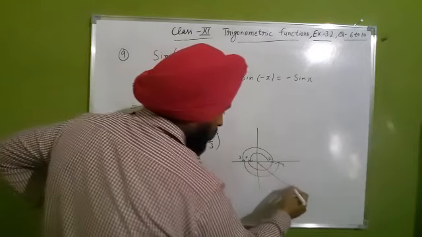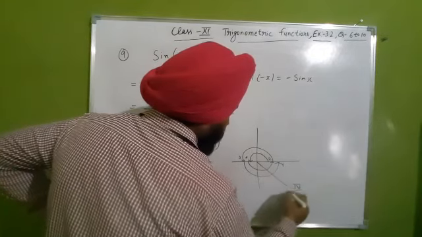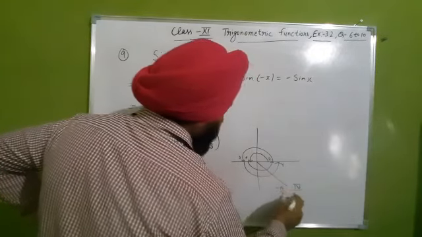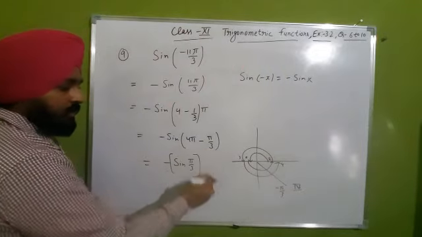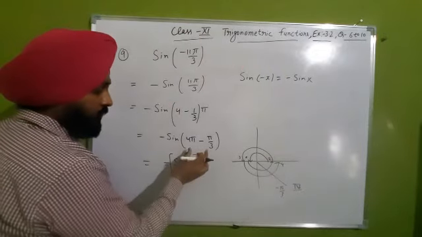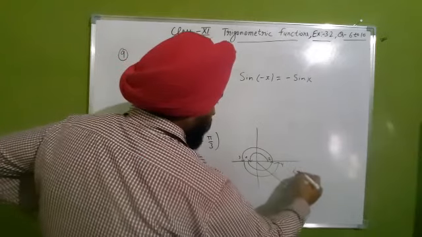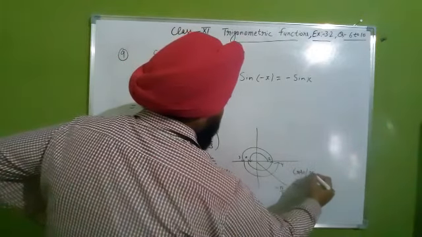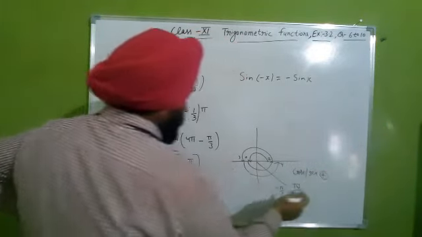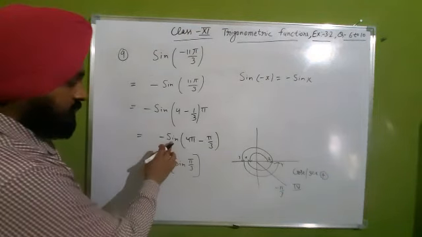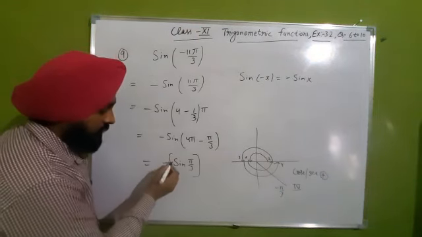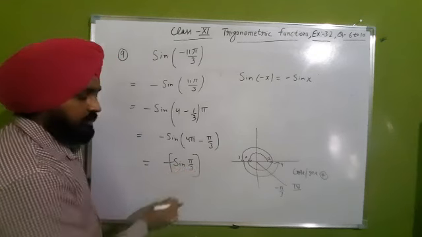That means it lies in the fourth quadrant. This negative pi by 3 lies in the fourth quadrant, and we know that in the fourth quadrant only cos and secant are positive, others are negative. Since it is sine there, it will be negative sine pi by 3.